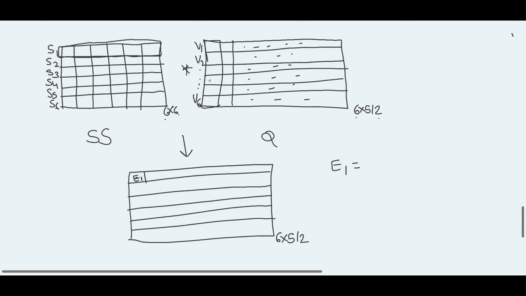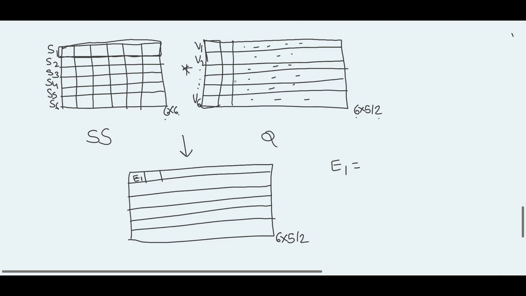So we are taking the dot product of S1 with the first column, and we get E1. Then E2, the second element, will be obtained by multiplying the first row with the second column.